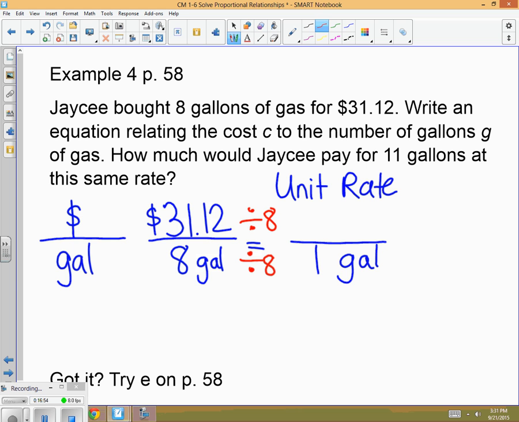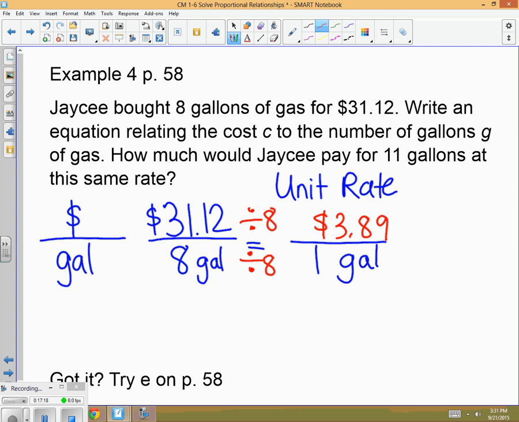Using your calculator, please type in 31.12 divided by 8, and that should give you $3.89 per gallon. Now, $3.89 is the cost for 1 gallon of gas.